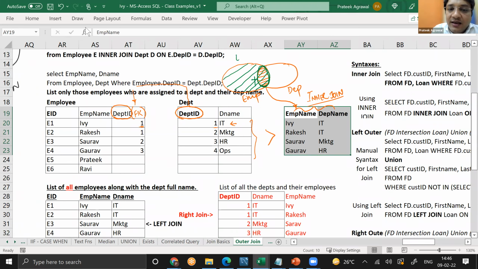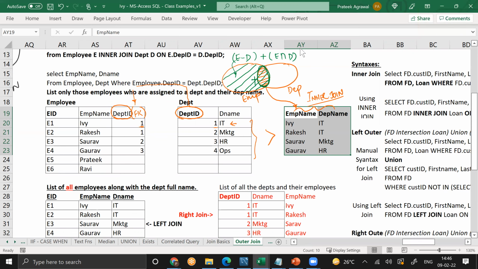So it's like saying employee minus department, which is this portion, and the common one as well, plus added with the rows from employee intersection department. Are you all with me on this, guys? Basic set theory we are talking about.